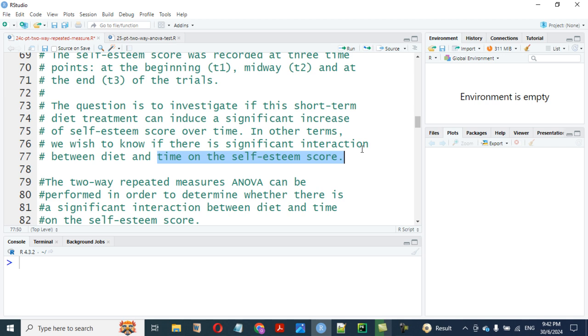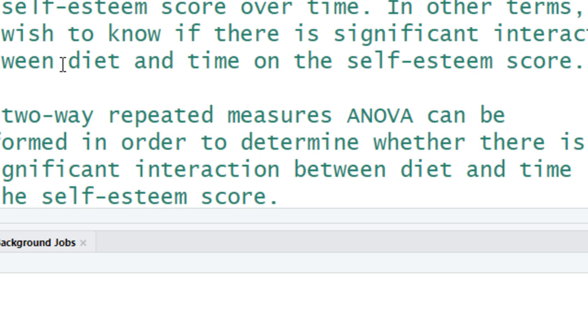We saw the effect of time on the self-esteem score, only a one-way ANOVA. Now we are including diet, which is the treatment. So diet and time, or I could have said treatment and time on self-esteem score. That will be the normal language.